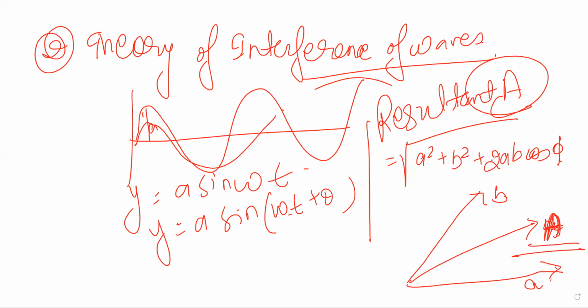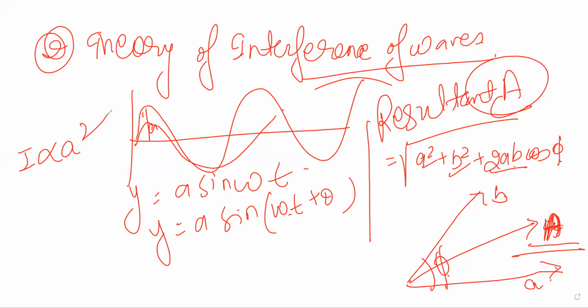So this will become what? A square is equal to A square plus B square plus 2AB, and if this is my phi, it will become 2AB cos phi. Is there any doubt? So we know that the intensity is directly proportional to the square of the amplitude.